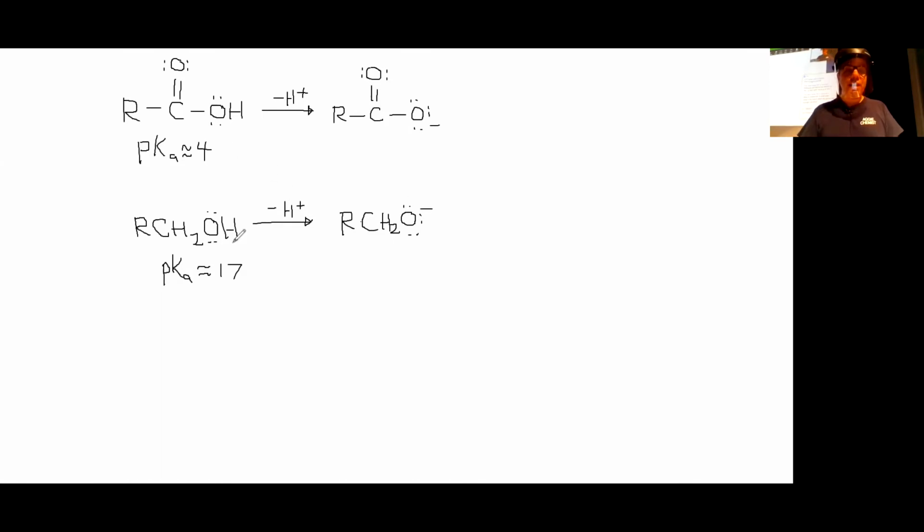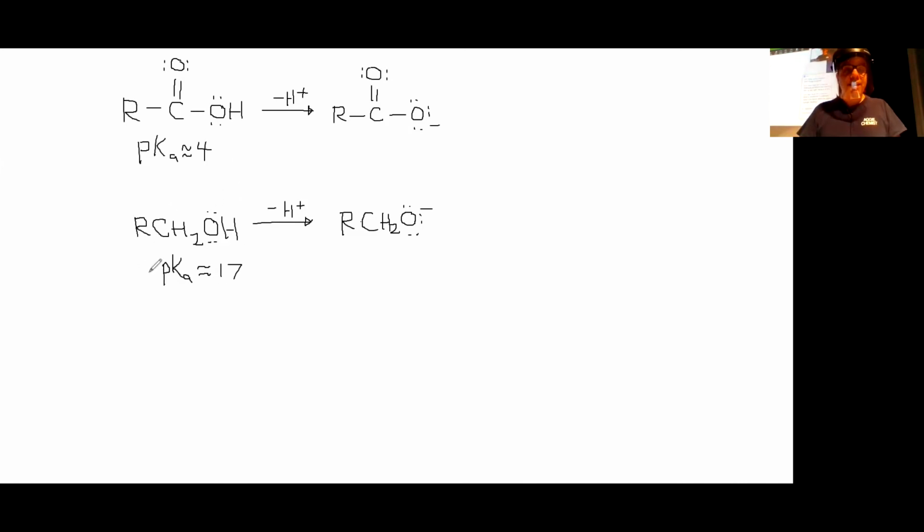And you can see there's a real tremendous difference in terms of acidity in the conjugate acids. Remember that the pKa scale is logarithmic. So each time you move up or down by 1 unit in the pKa scale, it's a factor of 10.